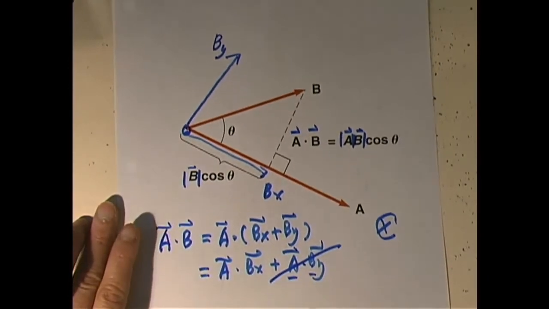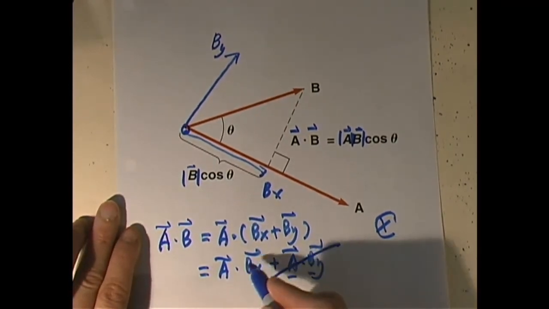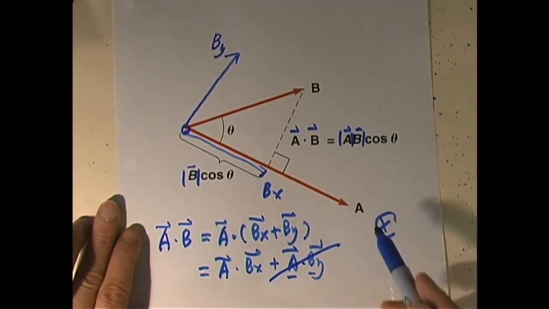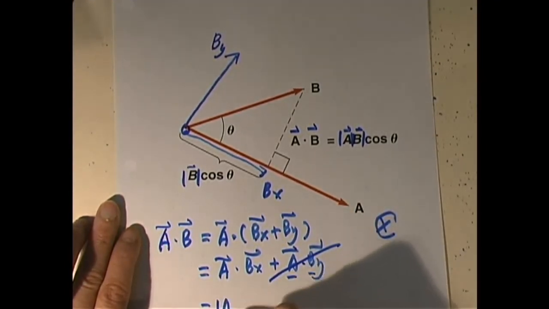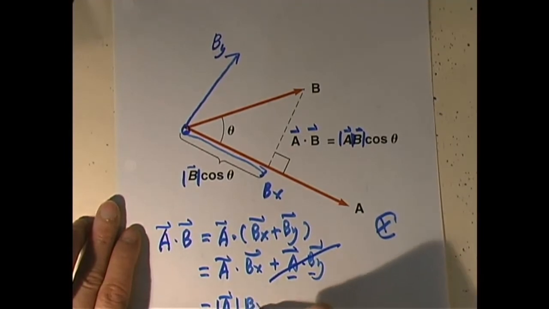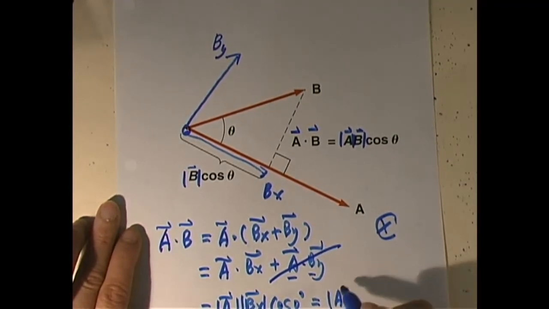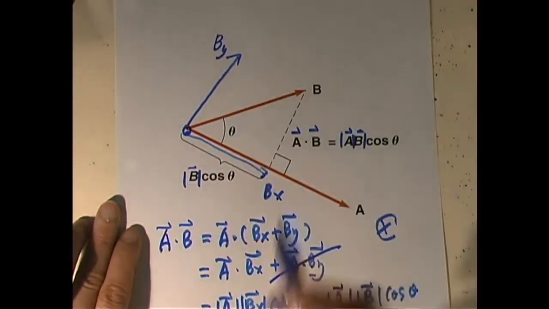So we have a dot bx, and since a and bx point in the same direction, their angle is 0, cosine of 0, and we end up with a's magnitude times bx. Bx, on the other hand, is b's magnitude times cosine of theta.